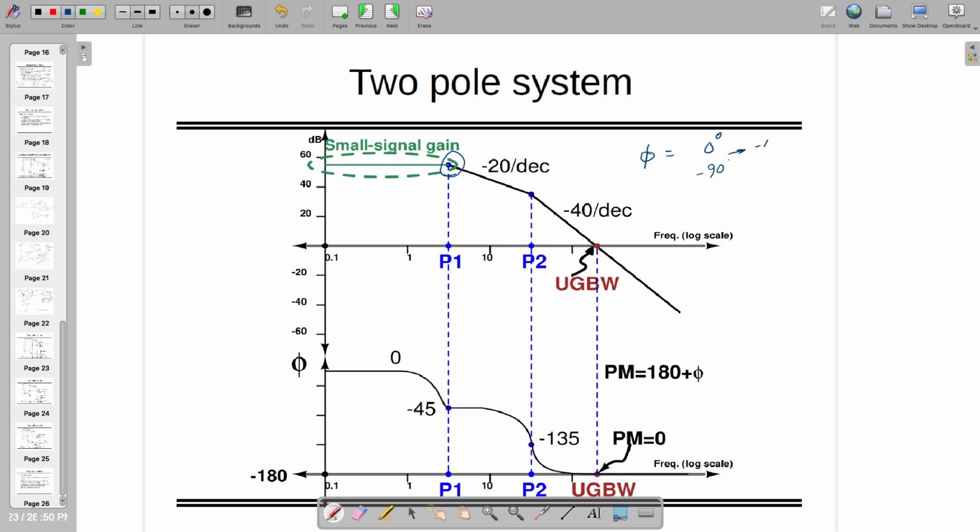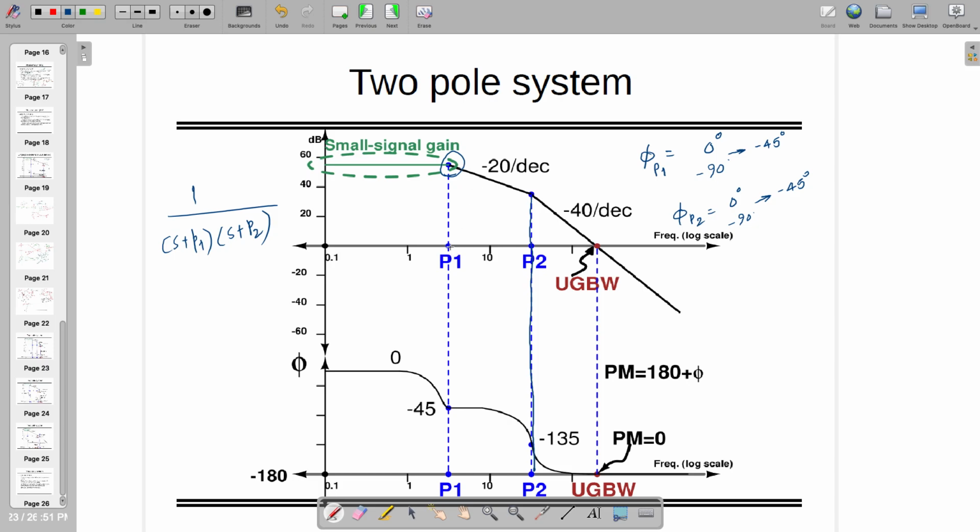At the center frequency it's minus 45 degree, for pole number 1. If there is a system which looks like this one, this is for pole number 1. Pole number 2 contributes the same thing, but its effect starts at pole 2.